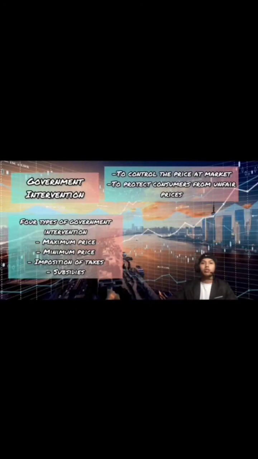Such price control can also be called price regulation, fixed price, or legal price. There are 4 types of government intervention, which are fixing a higher limit of prices, fixing a lower limit of prices, imposition of tax, and also subsidies.